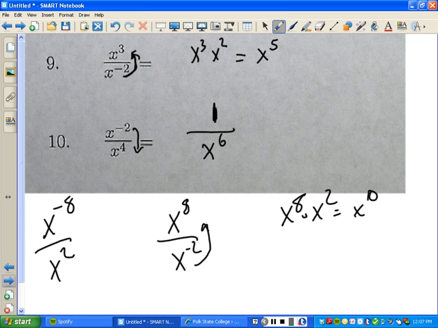The negative 8 goes to the bottom, and you keep the 2 down there, right? You don't move the 2 because it's not negative. So you're going to have x squared and x to the 8th, which is 1 over what? x to the 10th. Yep, only move that one. Don't move the 2, just move the 8.